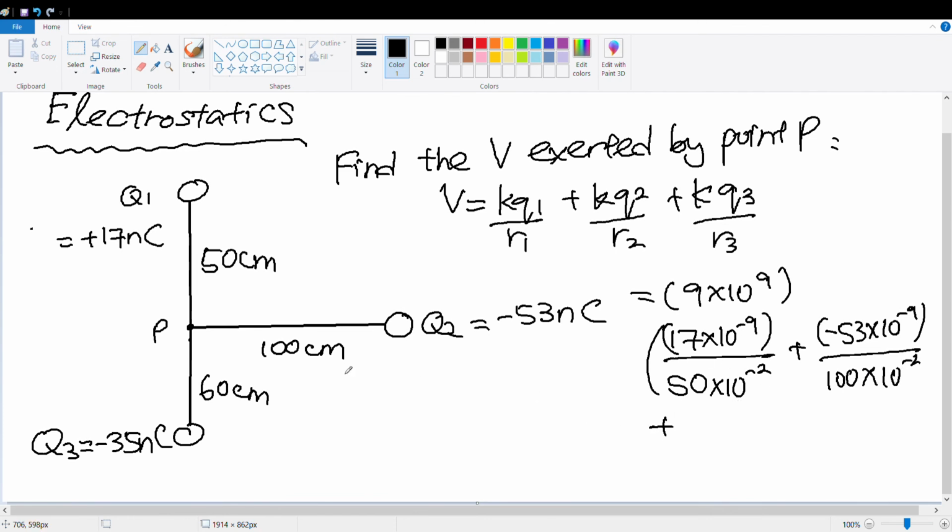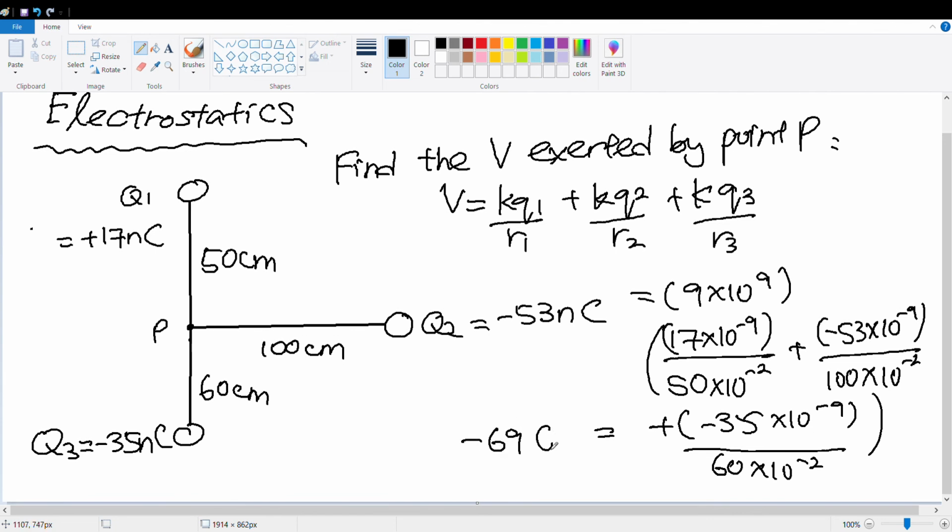Plus the same goes for Q3, which is negative as well: negative 35 times 10 to the power negative 9, divided by 60 times 10 to the power of negative 2. So the final answer shall be negative 696 volts.